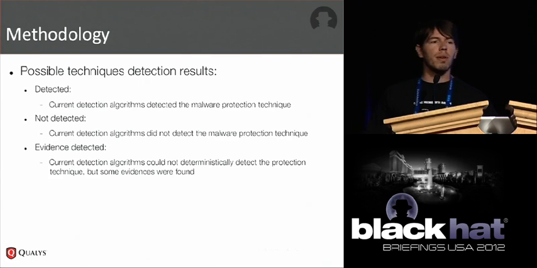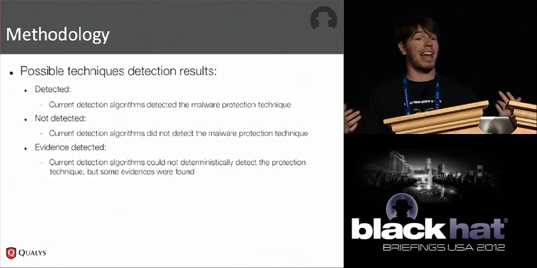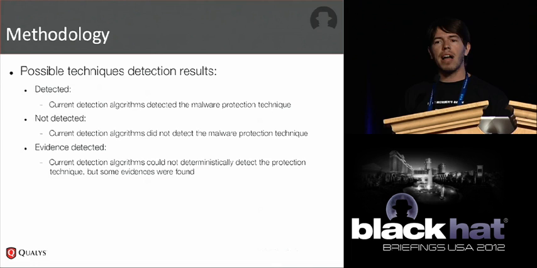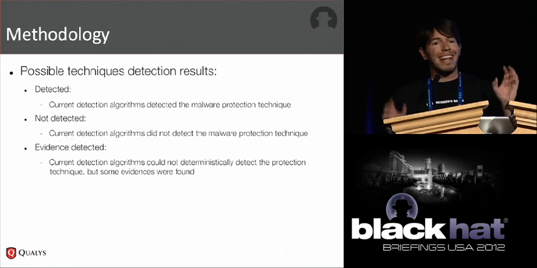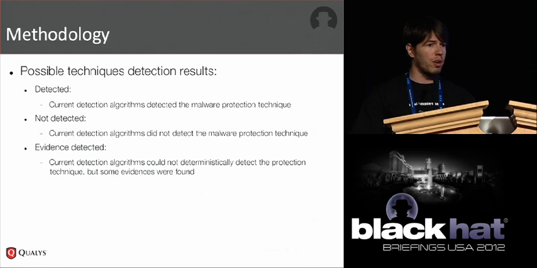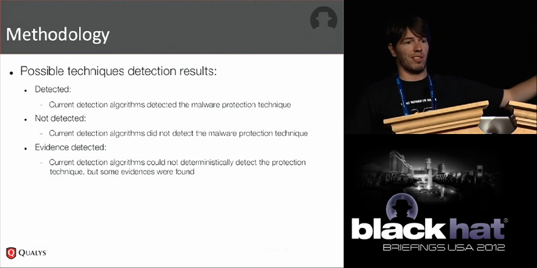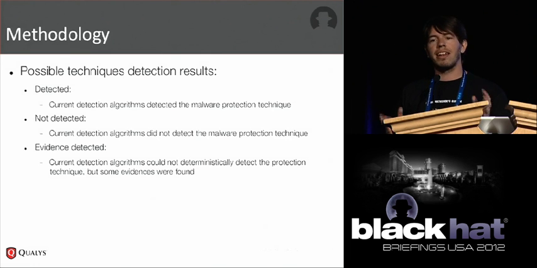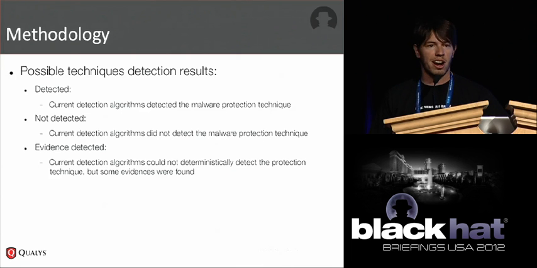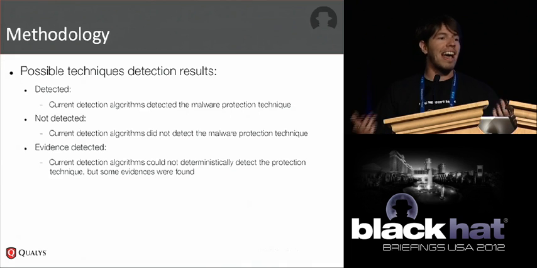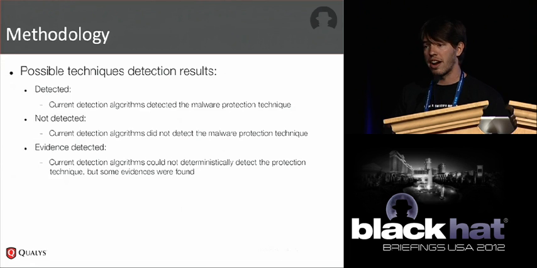But we figured out there is a third one, which is that there is an evidence, because sometimes some of the techniques might be used for something that is not exactly the purpose that we defined. In the numbers that we're going to show you, we removed the evidence. So understand that the numbers we're showing are because the technique is there or is not there. It's not that we're guessing it's there or that there's evidence the technique is implemented. It's for sure there, okay?